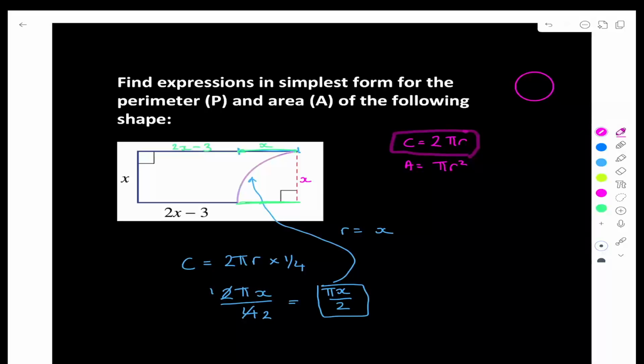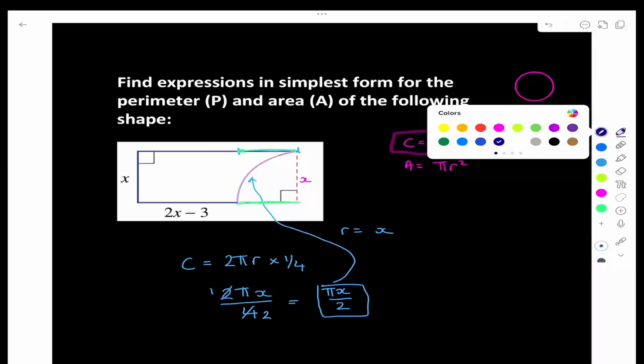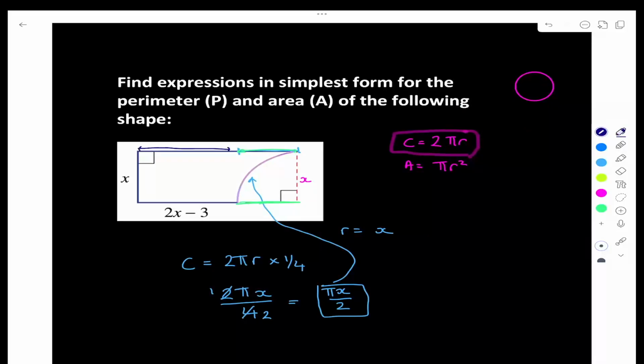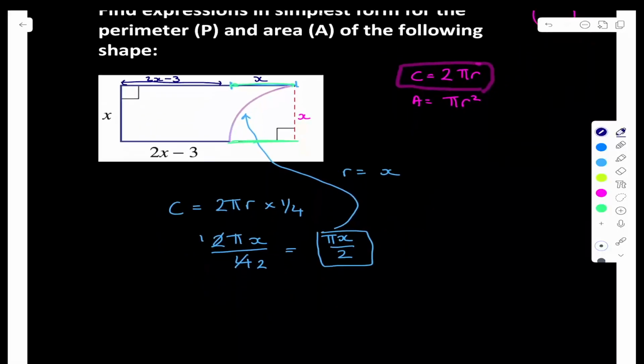Okay, so let's write these in a slightly darker color so it's easier to see. Let's write it in dark blue. So we said that this section over here is 2x take 3, and this is x. Okay, so we've labeled this diagram.